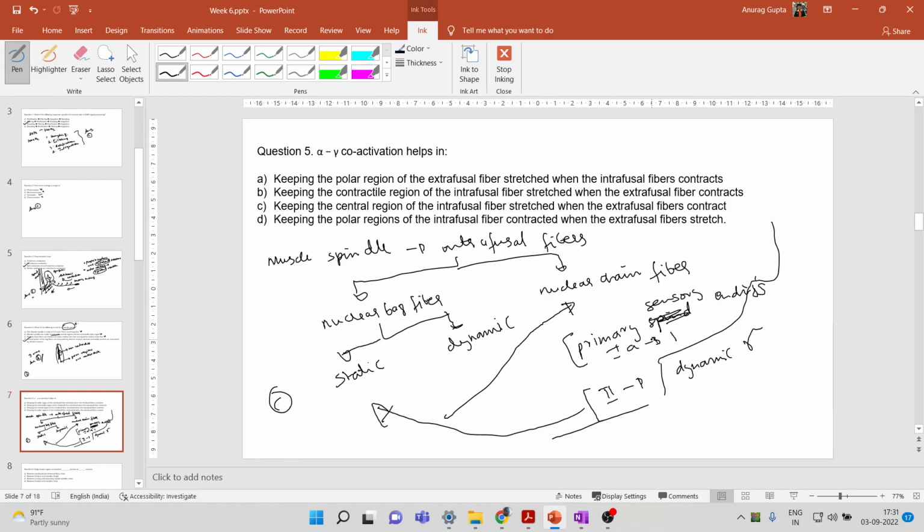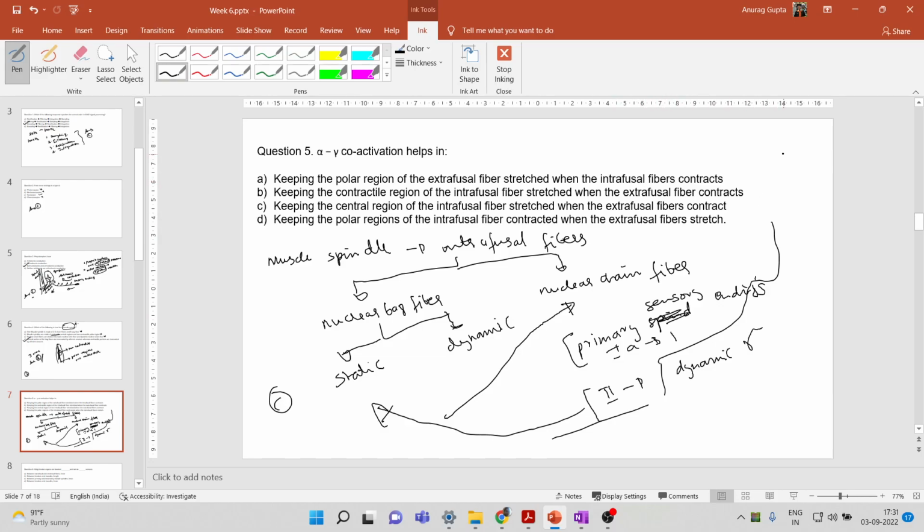So this is the arrangement of a muscle spindle. Keeping all this in mind, let us discuss this. The alpha gamma coactivation helps in keeping the polar region of the extrafusal fiber stretched when the intrafusal fibers contract.